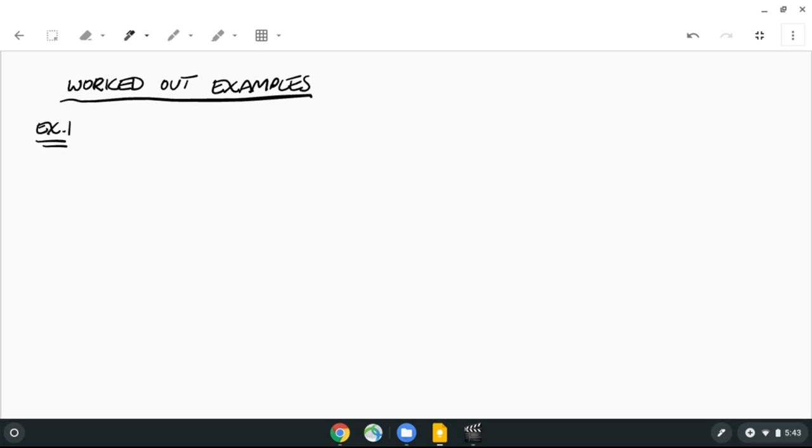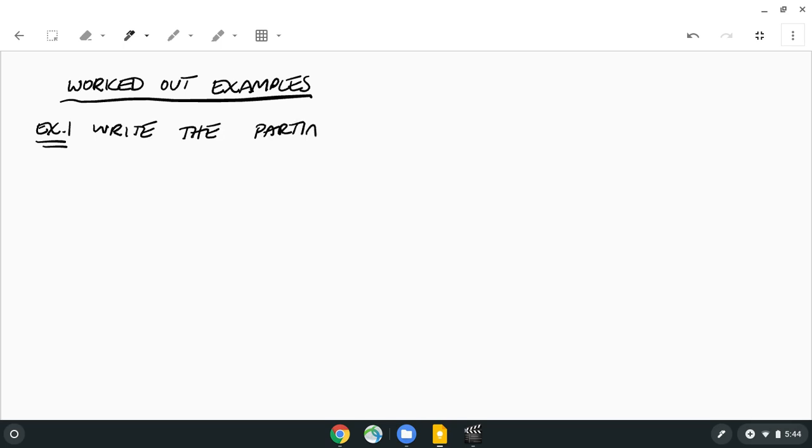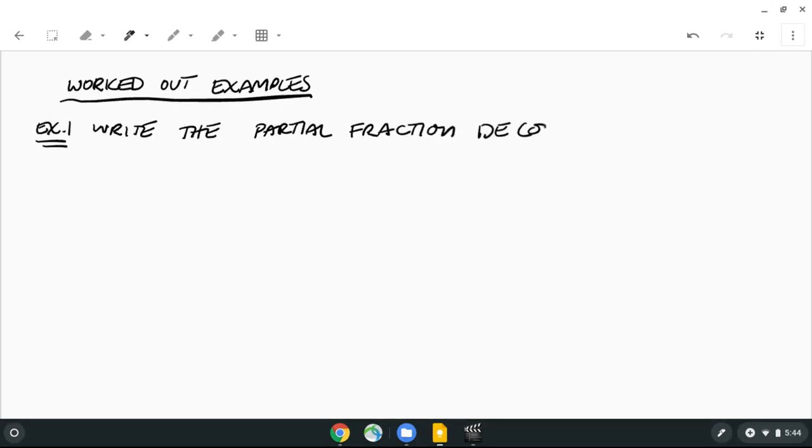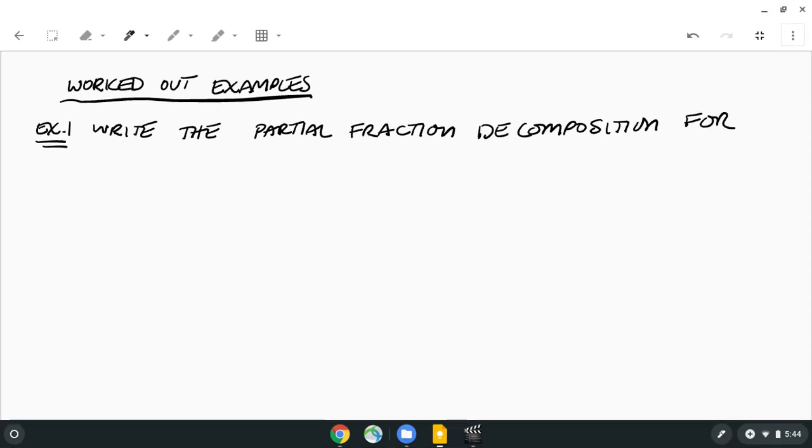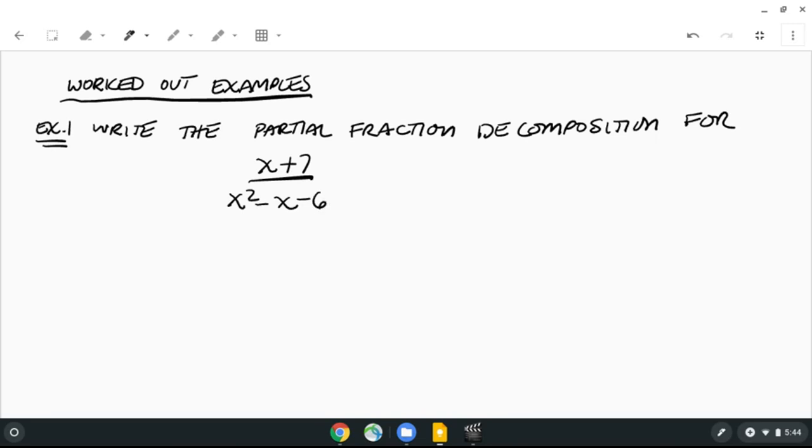Write the partial fraction decomposition for x plus 7 over x squared minus x minus 6.